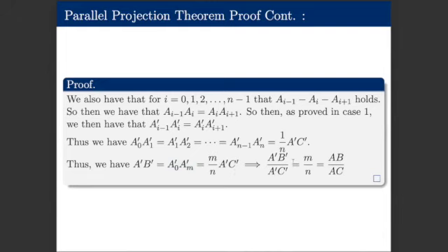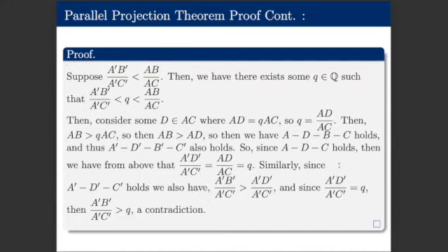So then that implies that our A prime B prime over A prime C prime is equal to m over n. And we defined right in the beginning of this part of the proof that m over n is AB over AC. So we see that when AB over AC is a rational number, then A prime B prime over A prime C prime is equal to AB over AC.